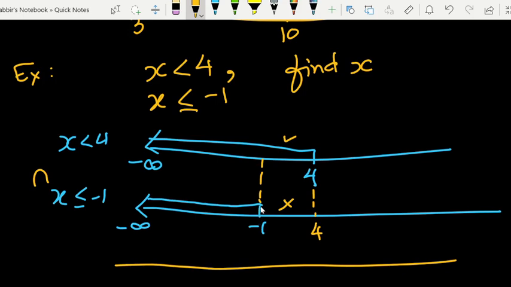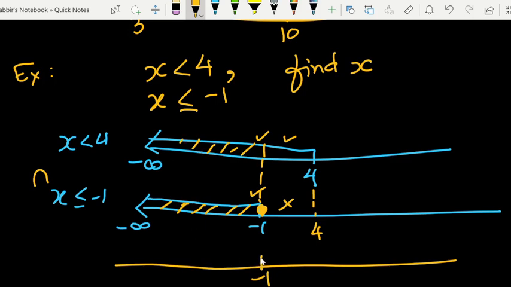Minus 1 is not included, sorry, minus 1 is there, there is a dark circle here, minus 1 is here also, so minus 1 we will take, guys. Okay, now moving further on the left-hand side, all the values lesser than minus 1, and here also all the values lesser than minus 1, they are included.